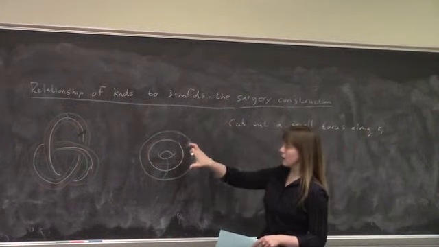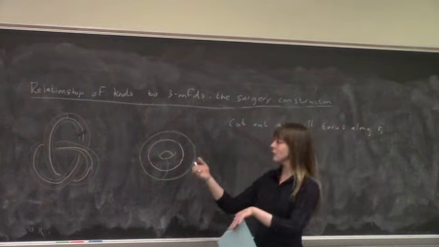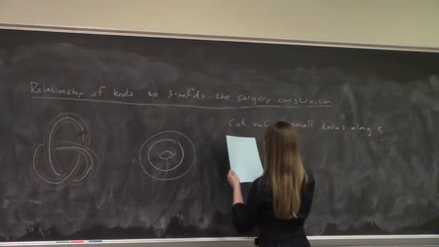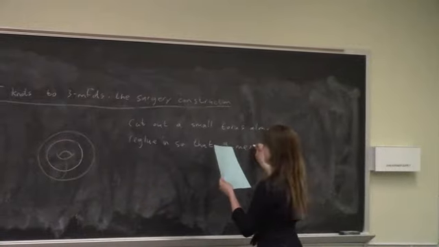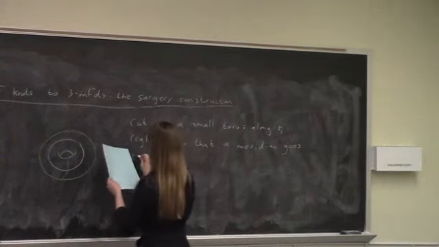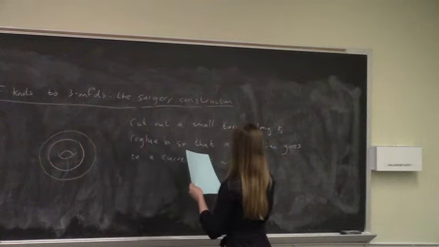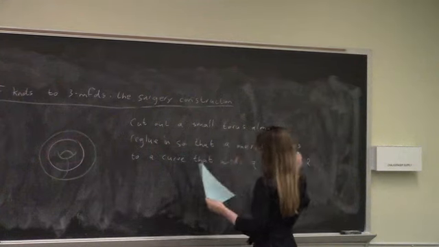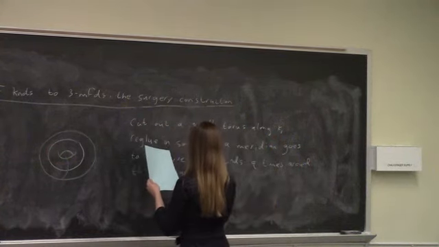And now we've got our manifold with a torus-shaped hole in it and our torus, and we're going to reglue it in differently. We're going to reglue it in so that a meridian, the blue curve on the torus, goes to a curve that winds 2 times around the longitude and p times around the meridian.